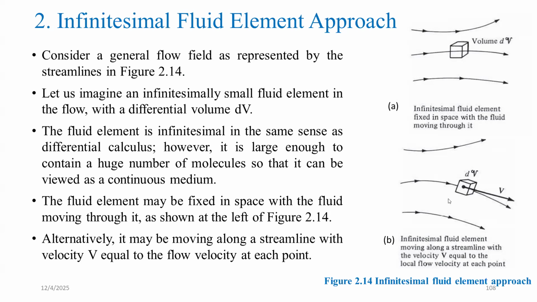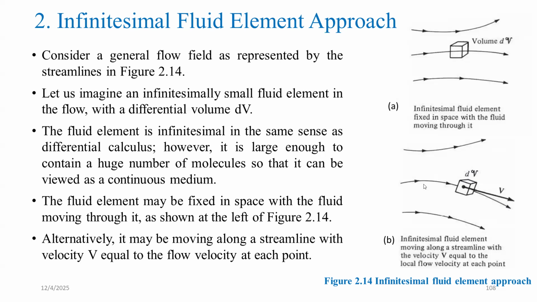And when we come to the second part of this infinitesimal fluid element approach, here both the fluid and the volume are moving together. In this movement, maybe there are rotations, there are also translations, and so on. The infinitesimal fluid element moves along the stream with velocity v equal to the local flow velocity at each point.